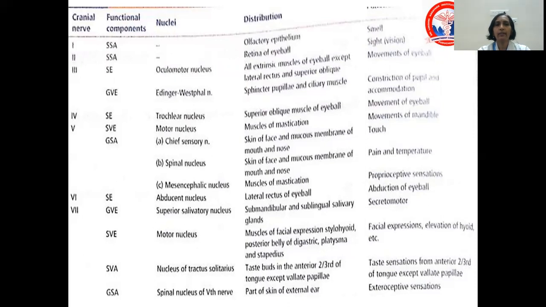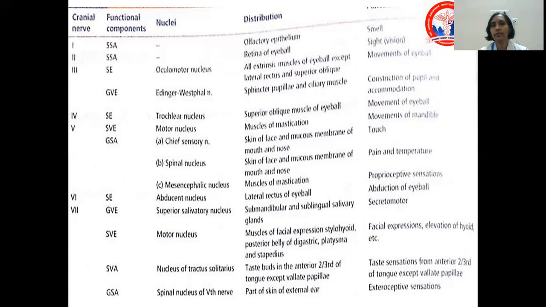The trochlear nerve has a single component, that is somatic efferent, coming from the trochlear nucleus in the lower part of the brain. It supplies the superior oblique muscle of the eyeball, which is responsible for movement of the eyeball. The fifth cranial nerve, that is trigeminal, has two components.